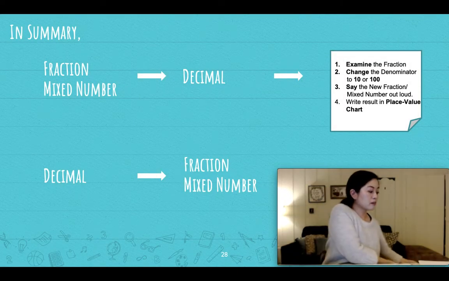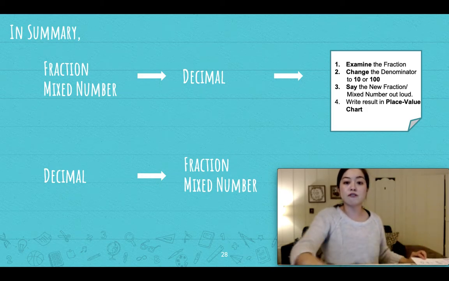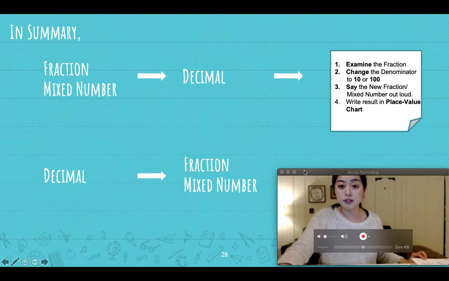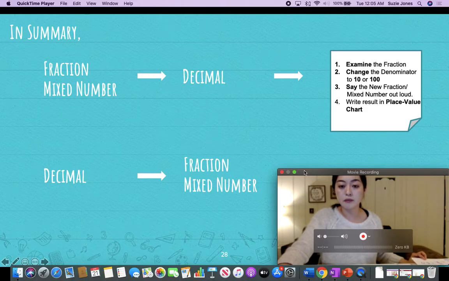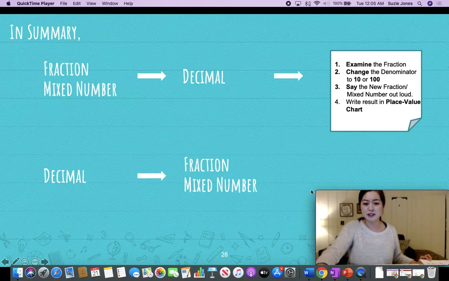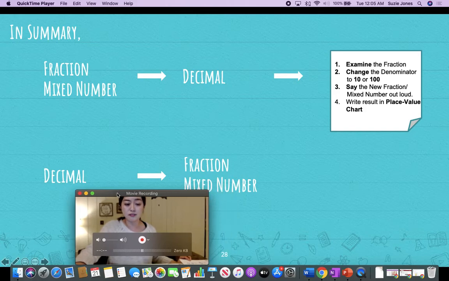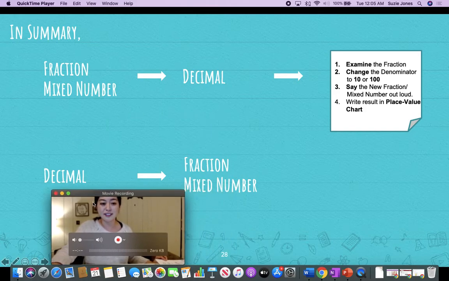Now, what about if it was a decimal and you want to change it to a fraction or a mixed number? What should you do? I'm going to minimize my video screen because I feel like I'm covering you up. So maybe I'll move myself right over here.